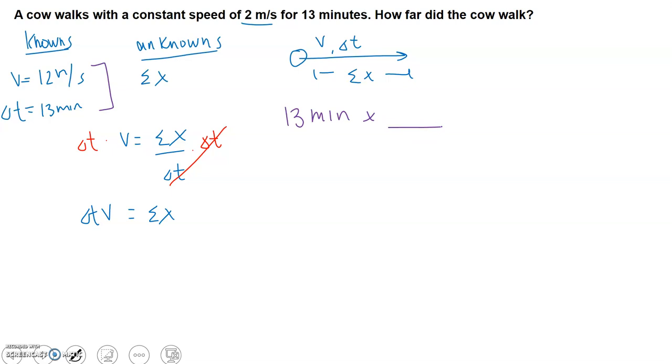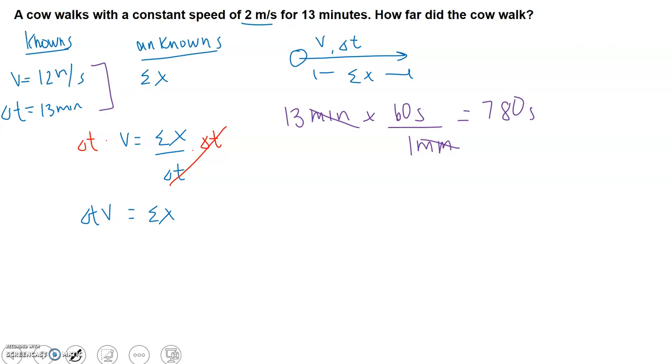It will make your life a lot easier if you convert before you make that substitution. So 13 minutes, there are 60 seconds per 1 minute using the factor label method. Minutes cross out, and 13 times 60 gives you 780 seconds.